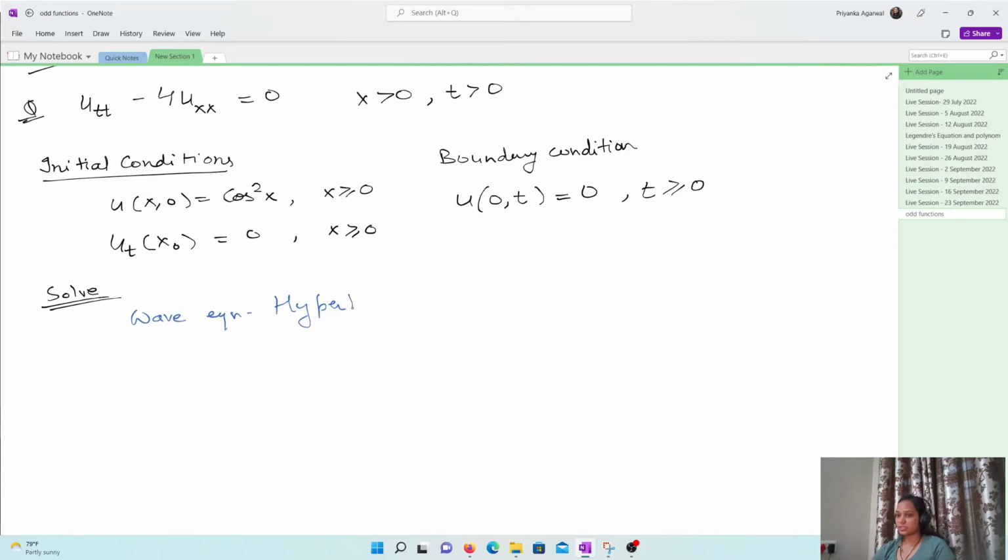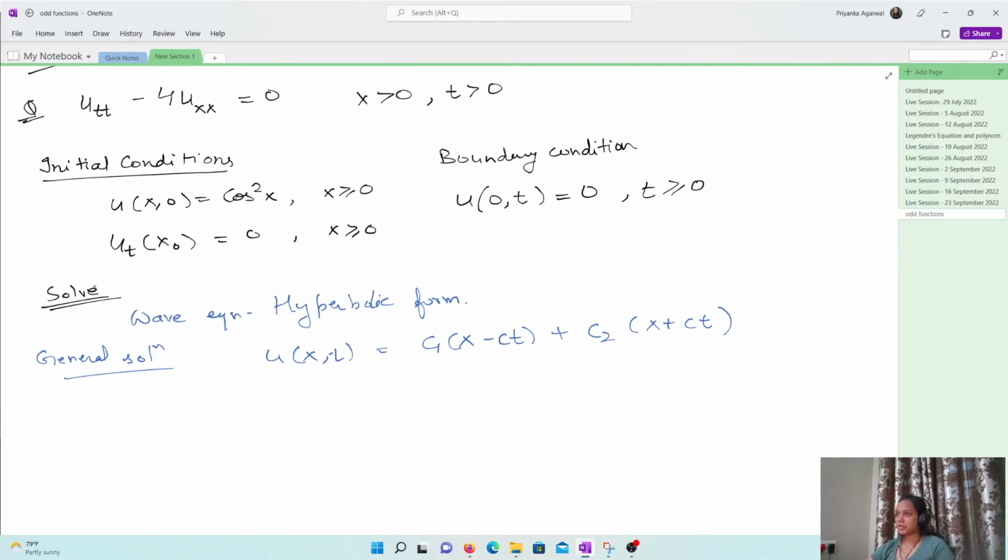We should not forget this thing. Okay, so we already know how to solve this because we know that general solution is of the form where u can be written as summation of two functions, where c1 is a function of x minus ct and c2 is a function of x plus ct.